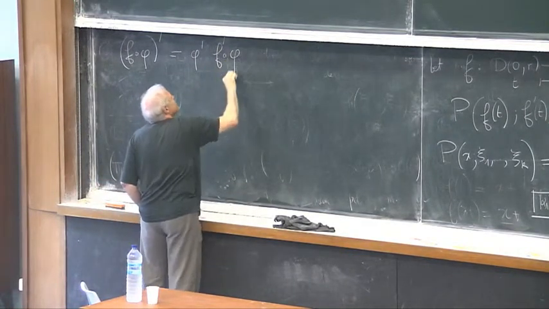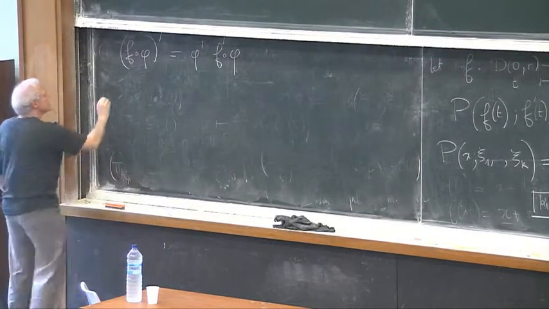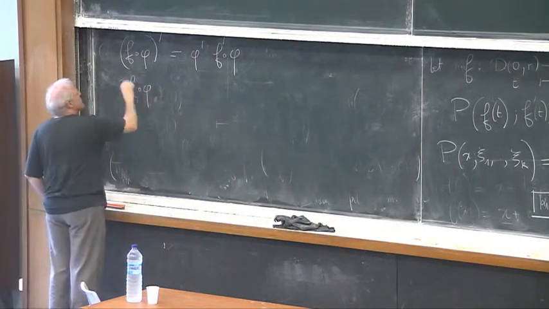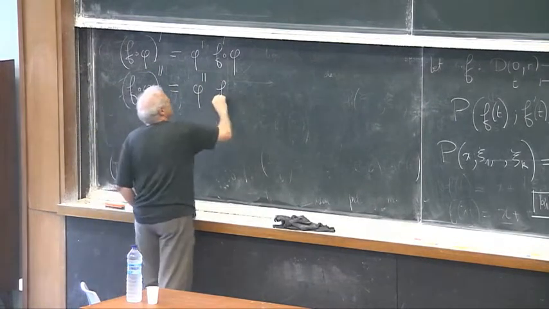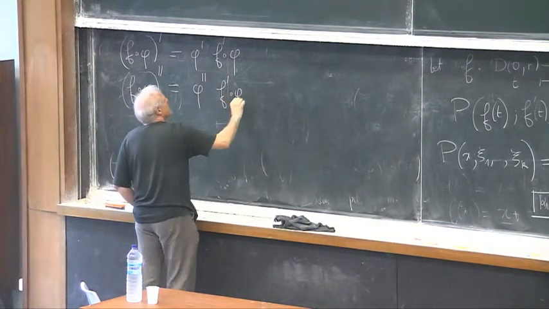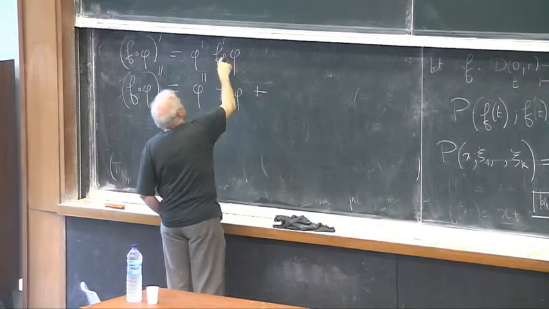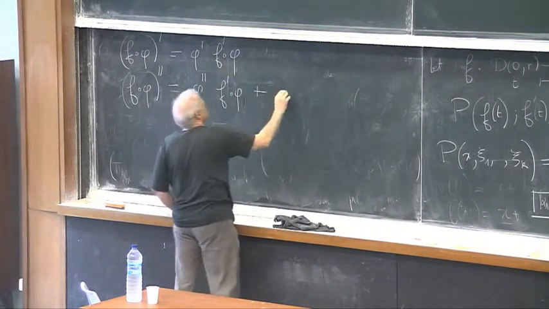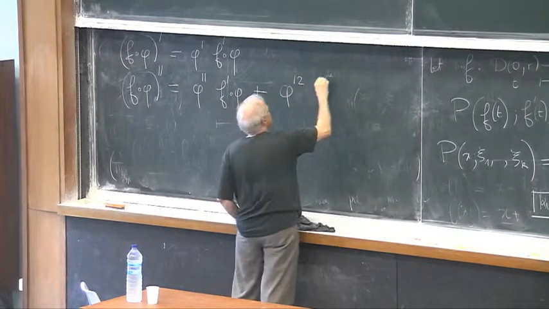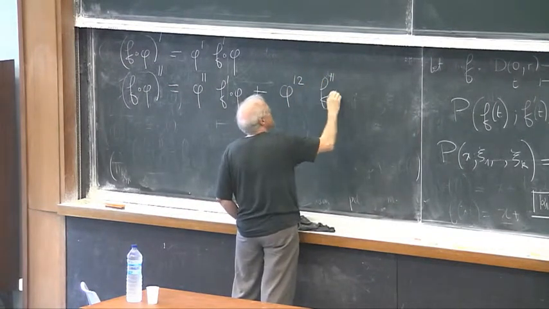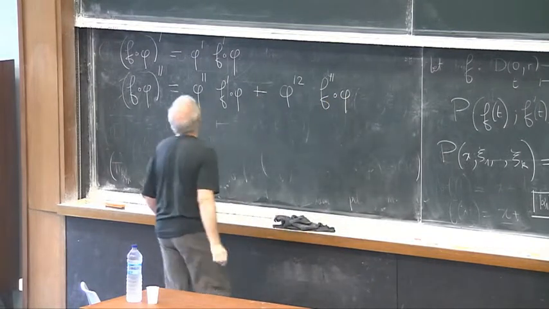And then (f composed with phi)'' is phi double prime times f prime composed with phi, plus, then you take the derivative again, phi prime square times f double prime composed with phi.